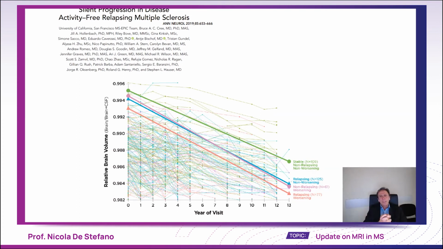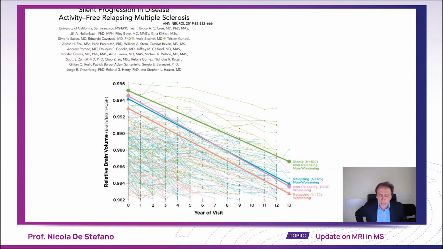It is important, as you can see, in patients who are worsening with relapsing, but also in patients who are worsening without relapsing, the so-called silent progression, in patients who were disease activity free.